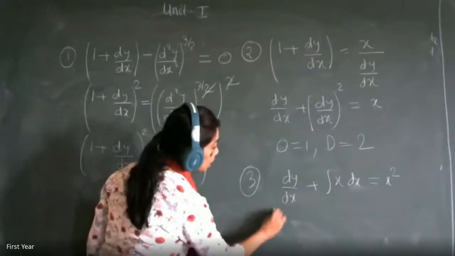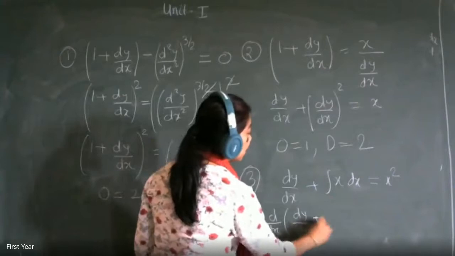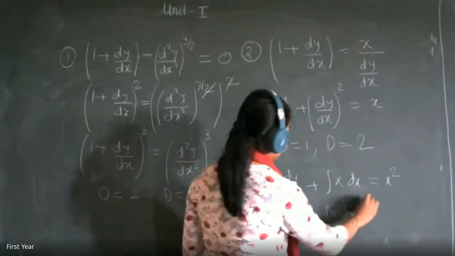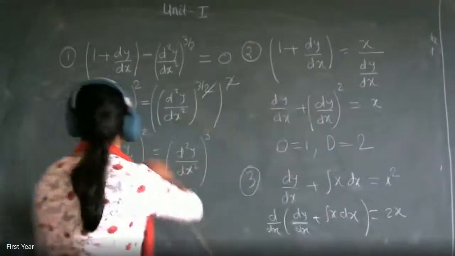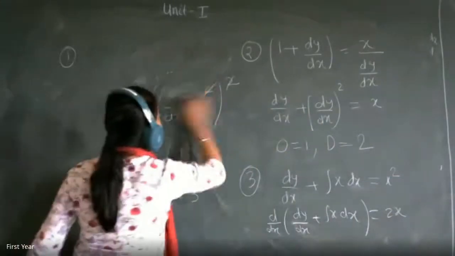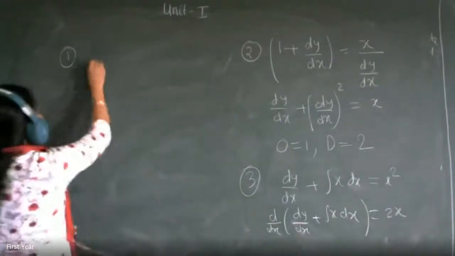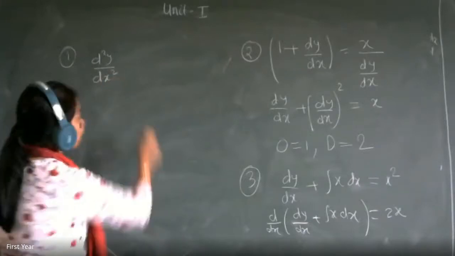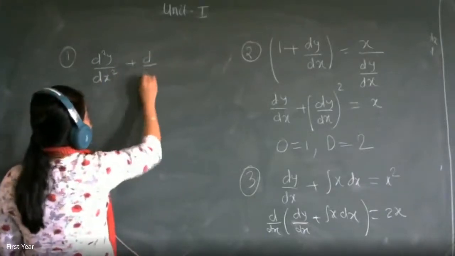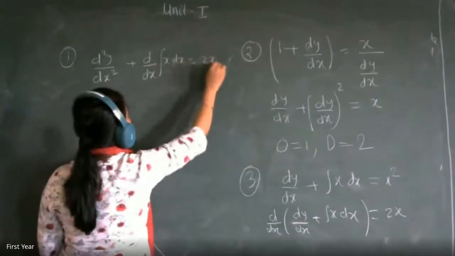So if you differentiate it, it is d by dx of dy by dx plus integration x dx is equal to the derivative of x square, that is 2x. And therefore you will get d2y by dx square plus d by dx of integration x dx is equal to 2x.